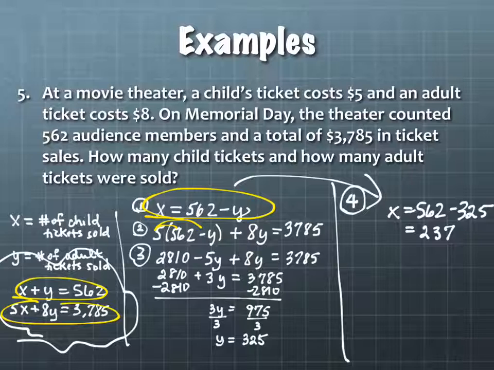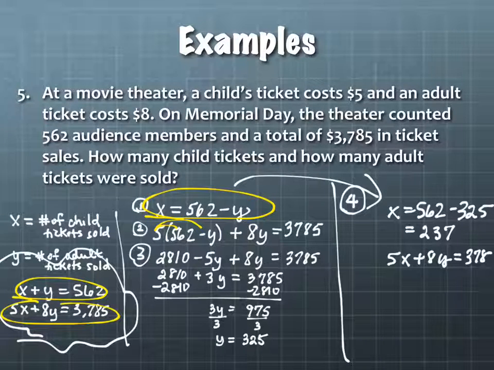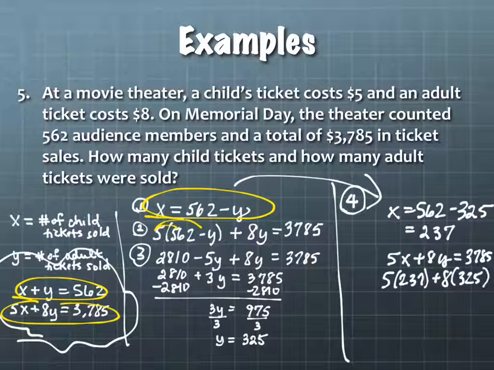I'm putting it into 5x plus 8y equals 3785. So we're going to take the 5 and put in the 237, and take the 8 and put in the 325. Did it work? Yes? Excellent. So we have the right solution.